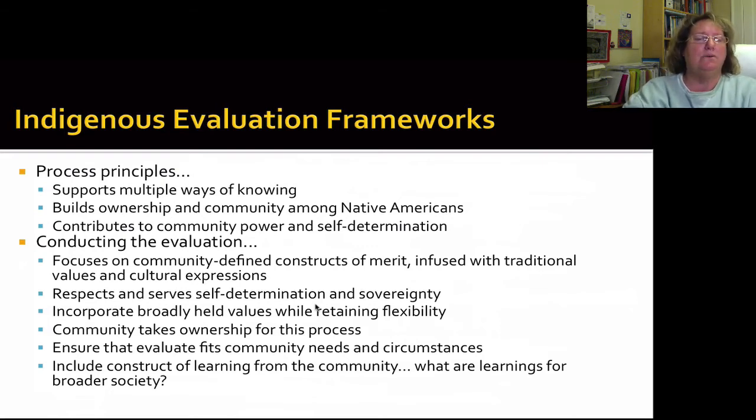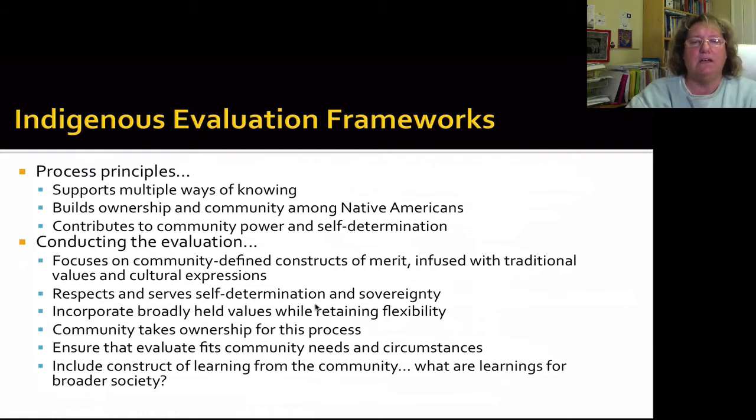So we also emphasize those values and retain flexibility. The community owns the process. It fits with community needs and circumstances. The Umatilla tribe intends to use the report for their own local advocacy work, for their own presentations around chronic absenteeism to the school district and to the local city council, about what their community needs and how service providers should respond.